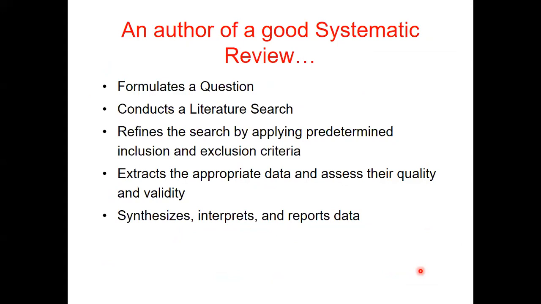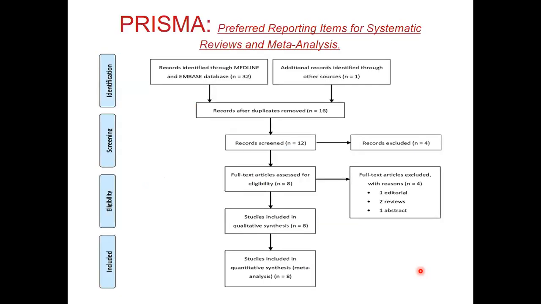Now, this is a simple framework that is expected in a literature review article: a formulation of research questions, how the literature review is done, inclusion and exclusion criteria, appropriate data that were extracted, the quality of data, and then the validity, how you did the synthesis, and then interpret and report the data.